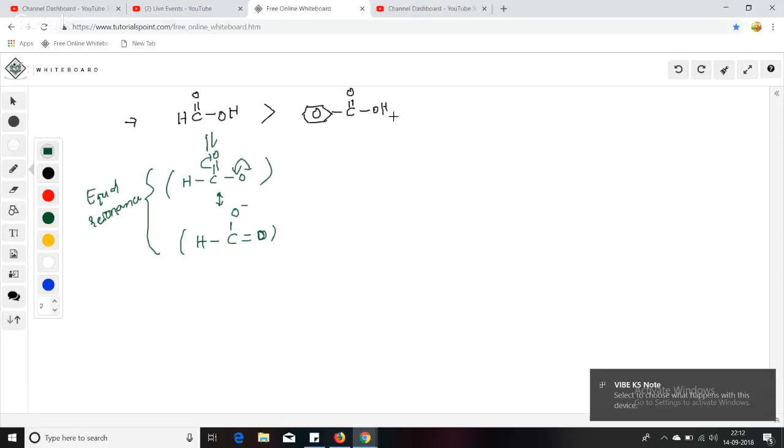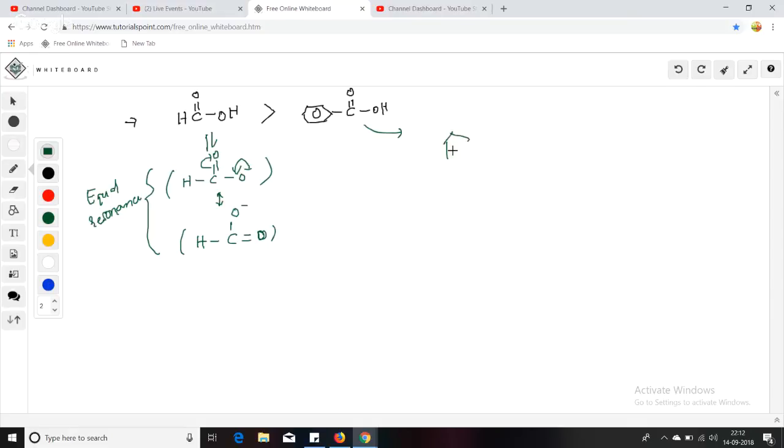If you draw the resonating structure of benzoate, let me draw it like this. C double bond O, O minus, and the resonating structure of this is this pi electron comes over here and this goes here. So we can write the resonating structure as positive charge here, double bond C, O minus and O minus.